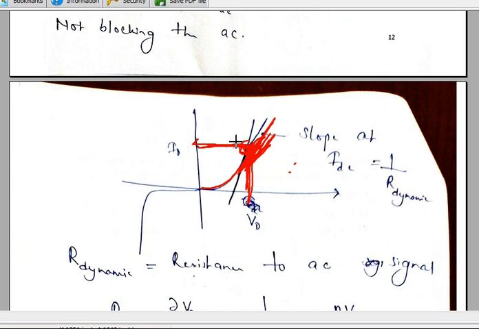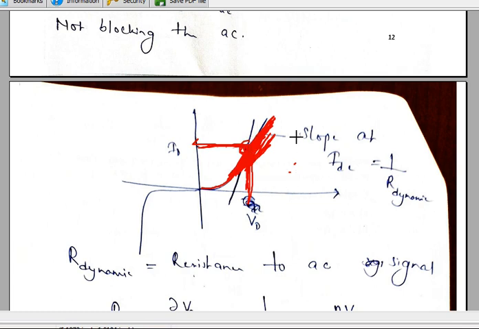current. I repeat, there is already some DC current flowing, and on that you apply some AC current also. The diode is not blocking the AC current, but it is offering some resistance equal to the inverse of the slope at this point of the curve.